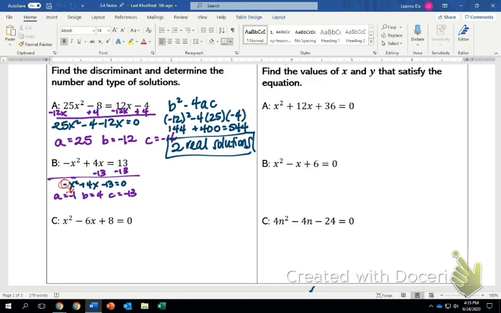Plug that into our formula, and we should get 4 squared minus 4 times negative 1 times negative 13. So the first portion is going to be 16, and then negative times negative times negative is still negative, but 4 times 13 is going to be 52. So 16 minus 52 is going to give me a negative 36.